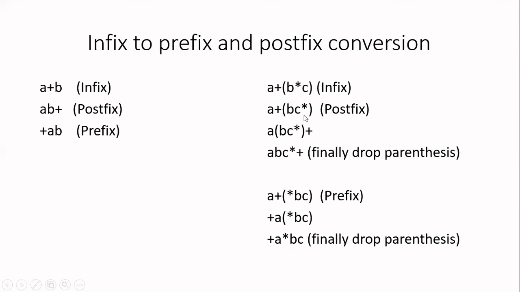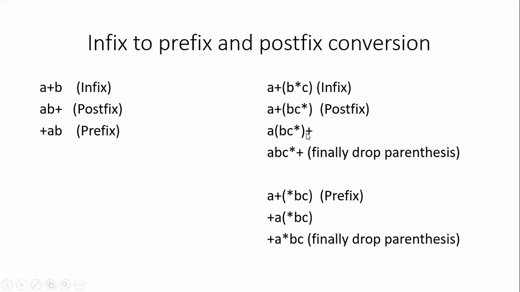Then you have the operator plus. There are 2 operands for the plus operator. One is a, another is bc multiply. So what you have to do, first write both the operands. A you can write, then this parenthesis bc multiply also you write as such, then move this plus after the operands.